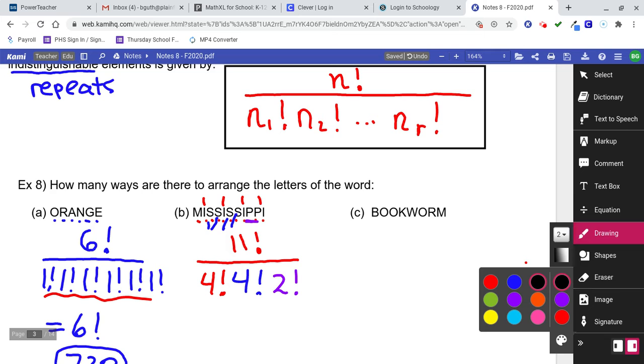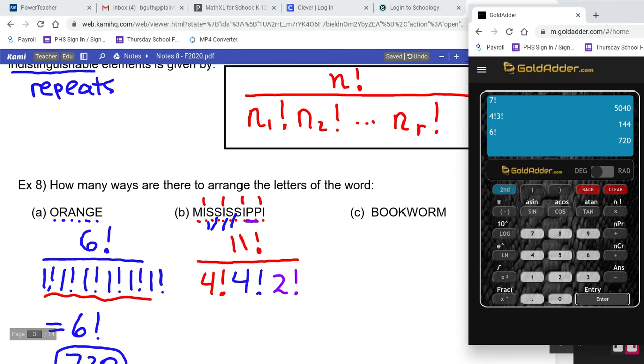We need to calculate this. Be very, very careful because I know a lot of students will try to type it in on a calculator and will mess it up. If you use a calculator, when you divide, you must use parentheses so that it divides by all of these things.